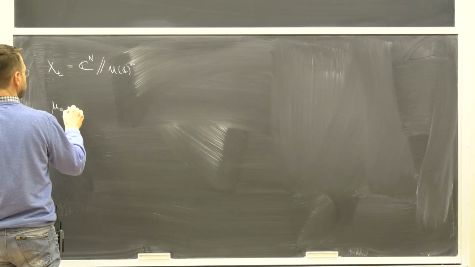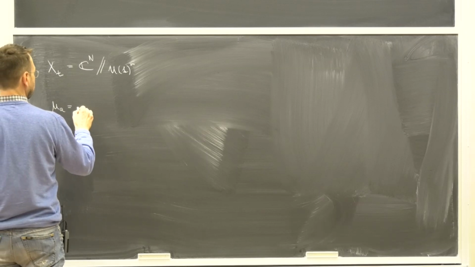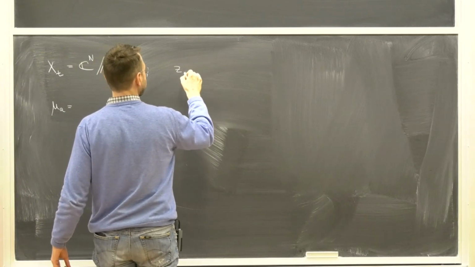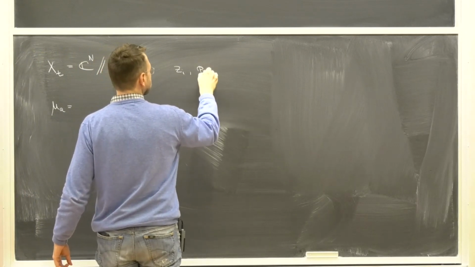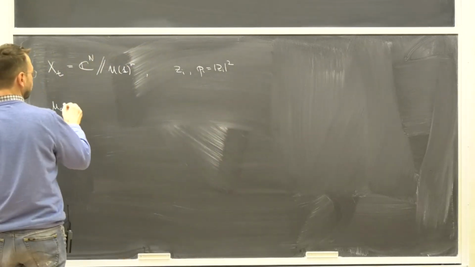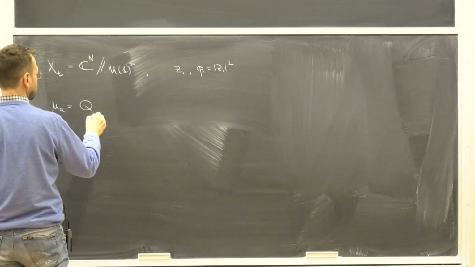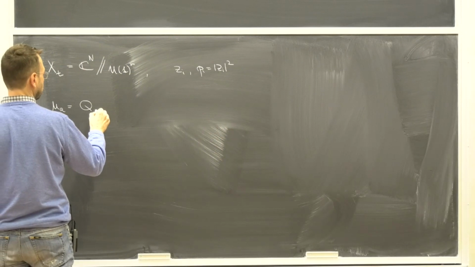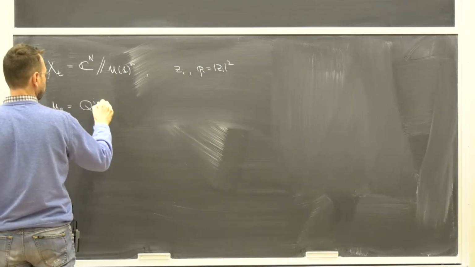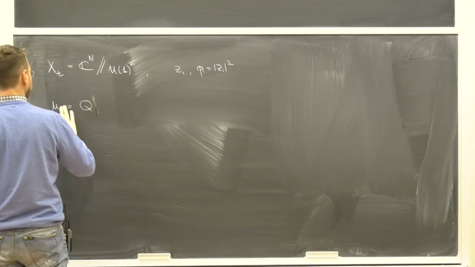So let me say that I have coordinates zeta_i, and sometimes I will introduce |zeta_i|^2. Here I will have my momentum map, which I can encode in the following way.